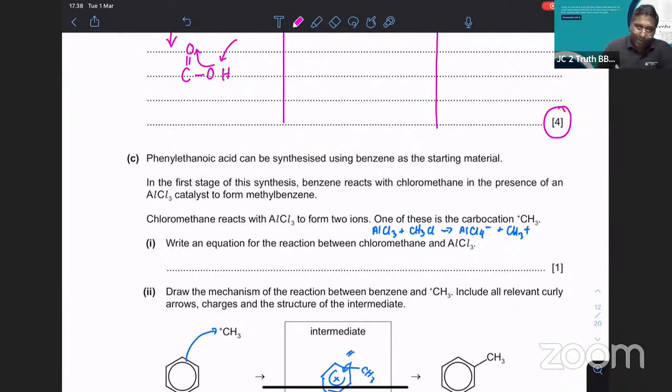You just need to write AlCl3 reacting with CH3Cl, and you are going to get AlCl4 minus plus CH3 plus. Because this is an electrophilic substitution reaction, it means that you are going to create an electrophile. So CH3 plus is the electrophile.